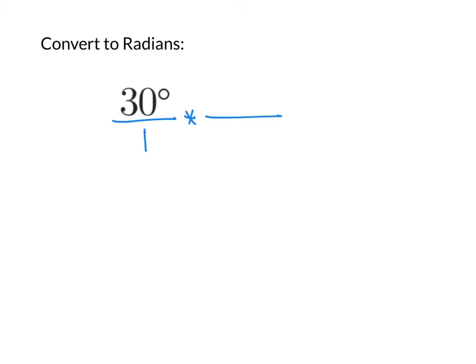We're going to do that same thing here. And since I know that pi radians is equal to 180 degrees, I want to put the 180 degrees in the denominator and the pi radians in the numerator. The reason for that is unit-wise, the degrees are going to cancel with each other. Then we're left with a value that we just need to simplify.